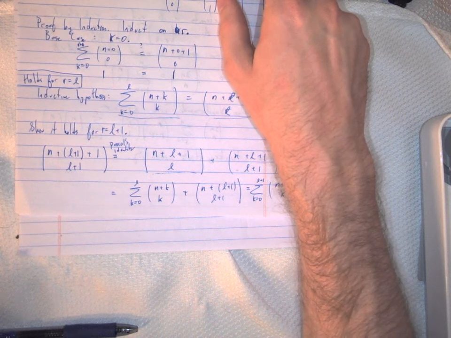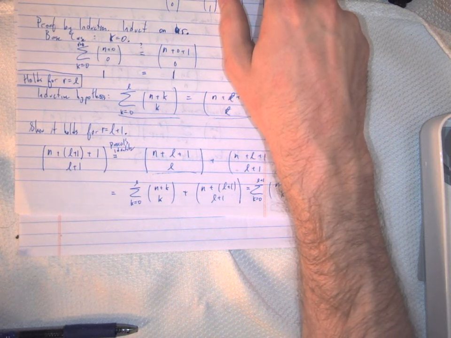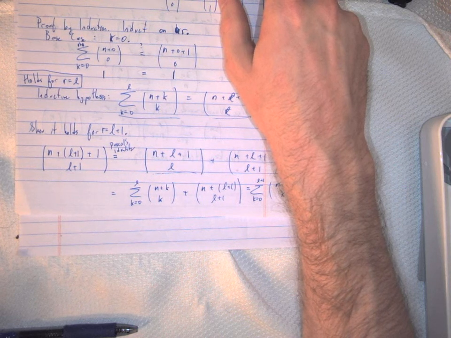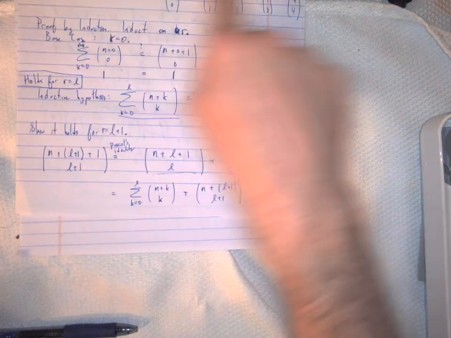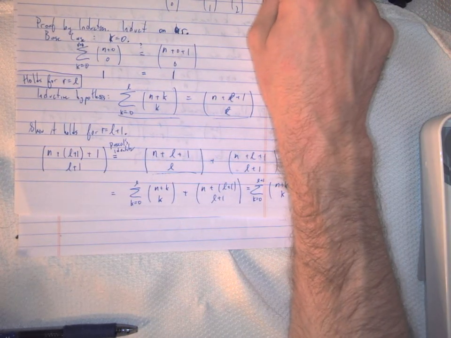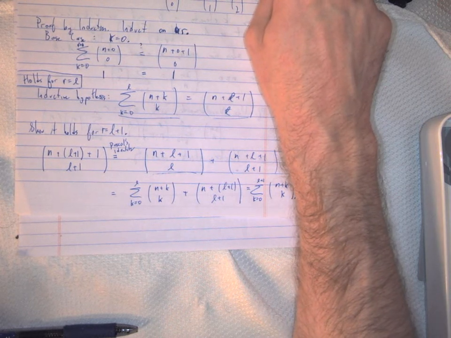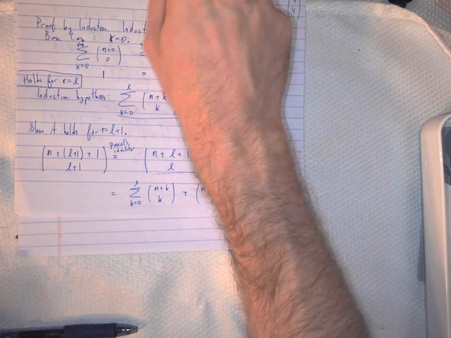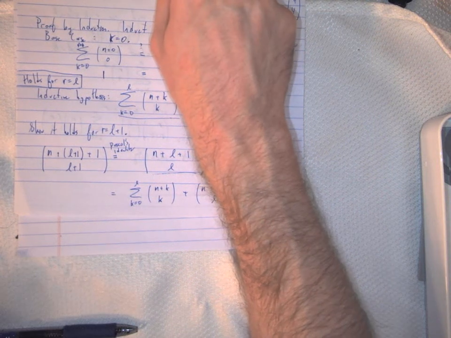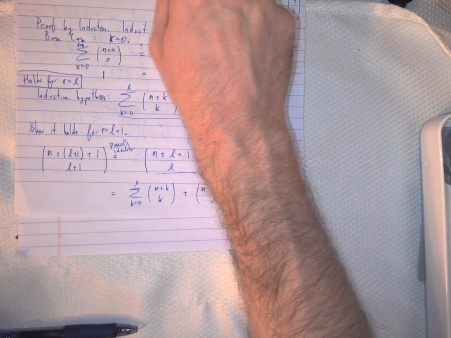So essentially you're saying, if I want to choose a subset of size r, that's the same as picking from a bit string. You choose r places to put zeros, and you choose n plus 1 positions to put ones. And then you view this sum as saying, what is the position of the last one?